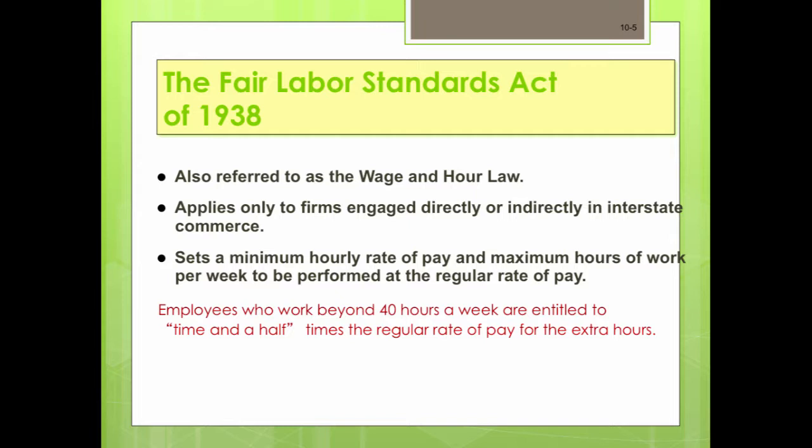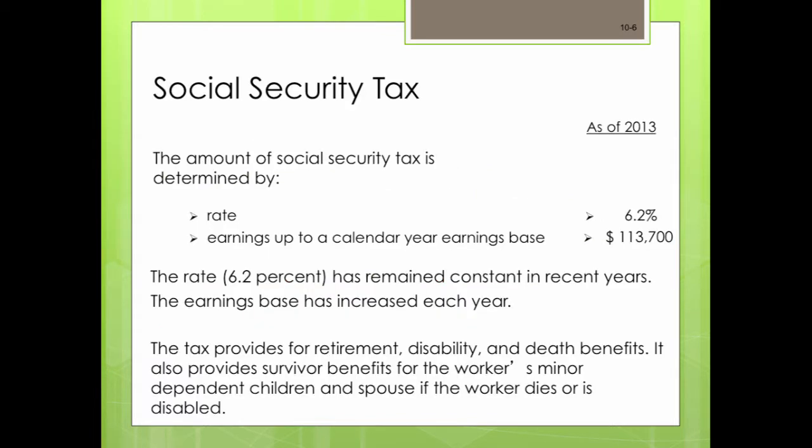The Fair Labor Standards Act fixes minimum wage and the maximum number of hours that an employee can work at a regular rate of pay. In a nutshell, any employee that works in excess of 40 hours must be paid at 1.5 times the regular rate of pay, what we commonly know as time and a half, depending on your hourly rate of pay.